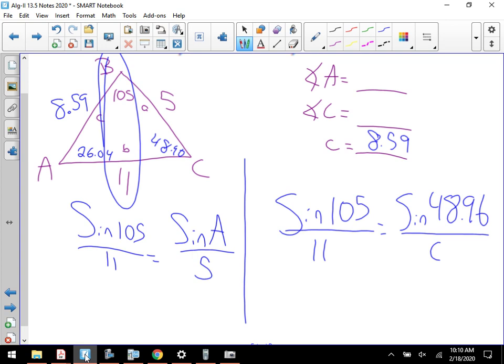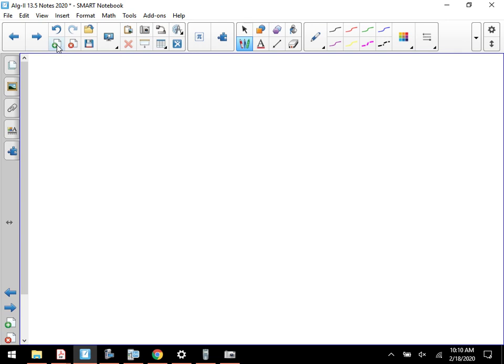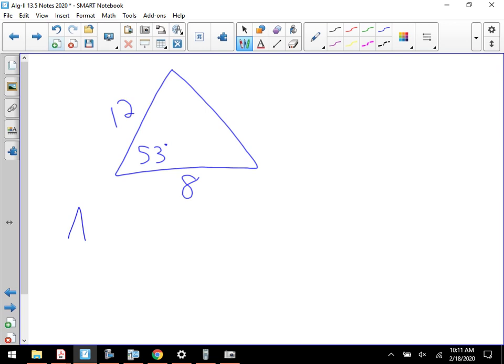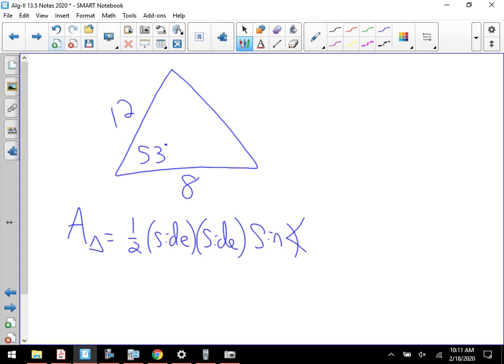So if you have a triangle that has a side, an angle, and a side, you can use this: 1/2 side times the side times the sine of the included angle.